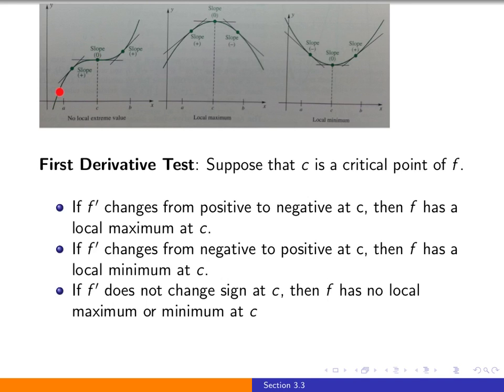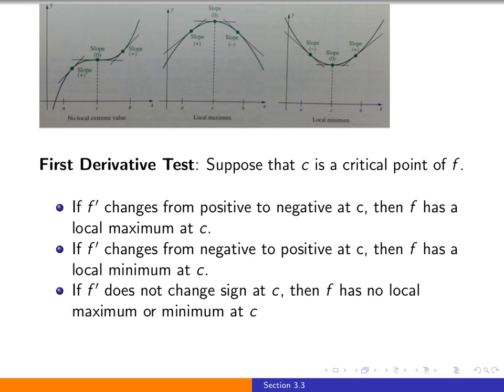If the derivative is positive to the left, i.e. your function is increasing, and then increasing to the right of a critical point, then you will not have a local max or local min. Likewise, if it's decreasing and then decreasing.